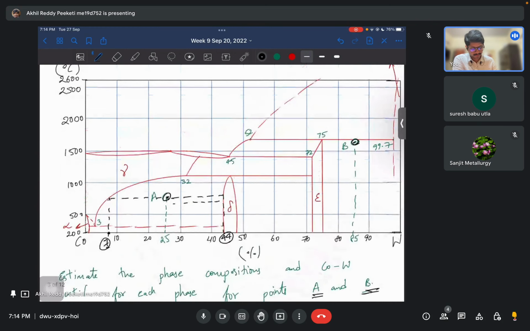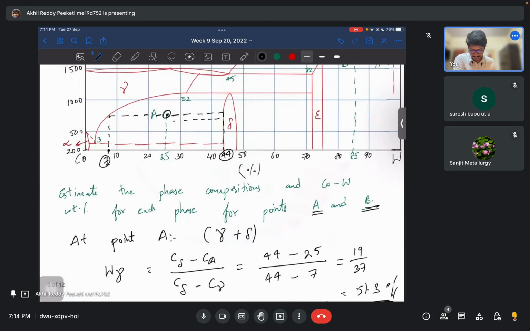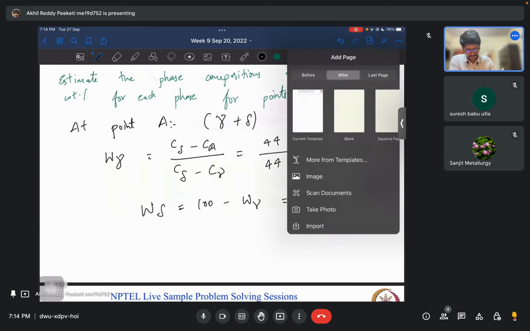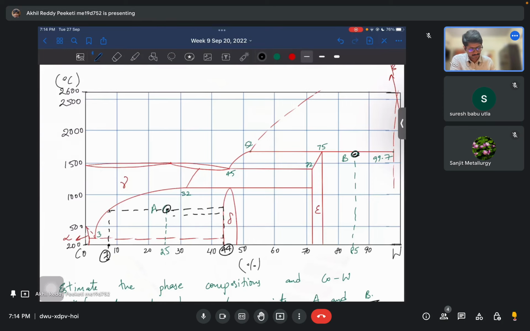Okay. Now we need to do a similar thing at point B. So at point B, what are the two phases that are available? At point B, again draw a horizontal line, so that it is intersecting epsilon phase and beta phase.